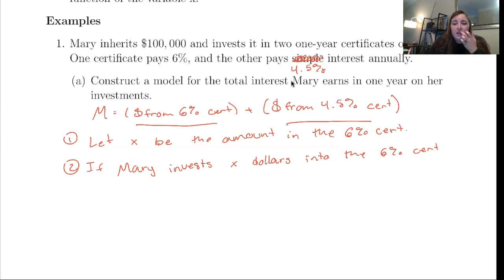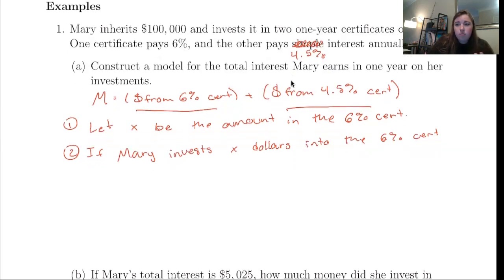Yeah, $100,000 minus that part that I've already put in, right? She only has $100,000 and she's putting it all in at once. So I'm just going to take that X amount away.